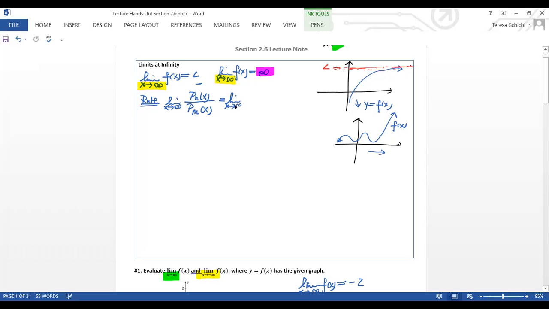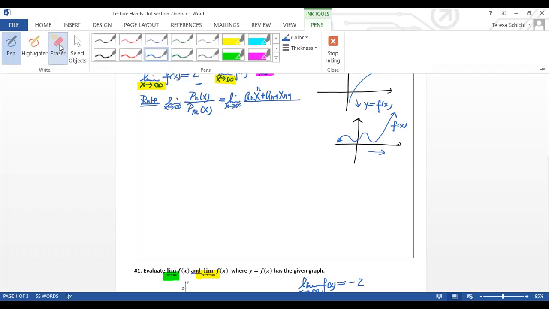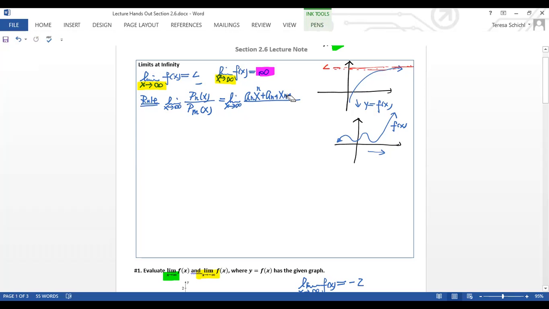I use positive and negative infinity to apply the same way. That means you have a_n x^n plus a_(n-1) x^(n-1), and so on, plus a_1 x plus a_0.